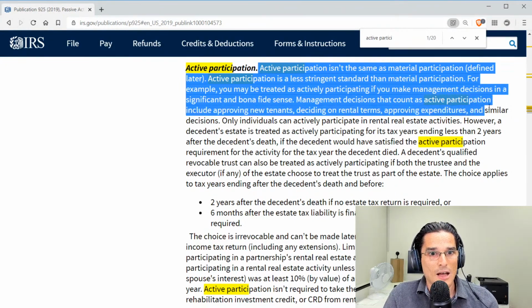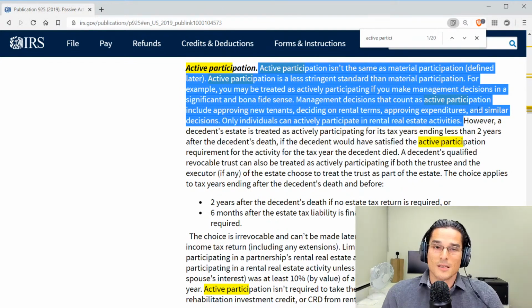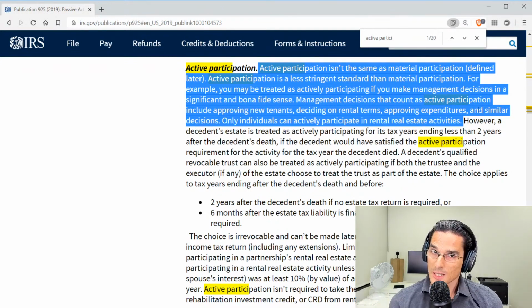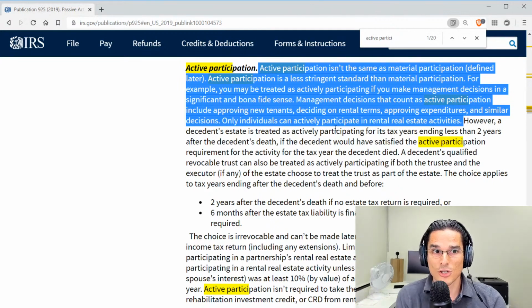Management decisions that count as active participation include approving new tenants, deciding on rental terms, approving expenditures, and similar decisions. So what it's saying is that if you actively participate in a rental activity, then you're allowed up to $25,000 a year that you can deduct of rental losses against your non-passive income.